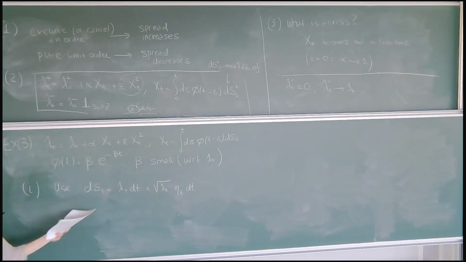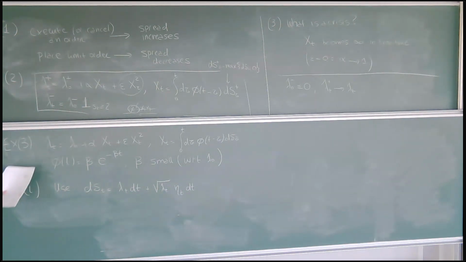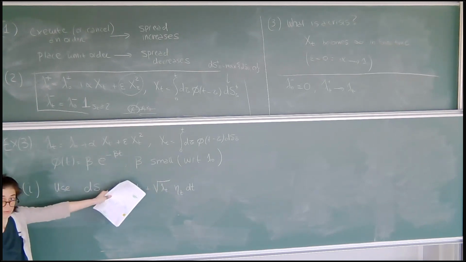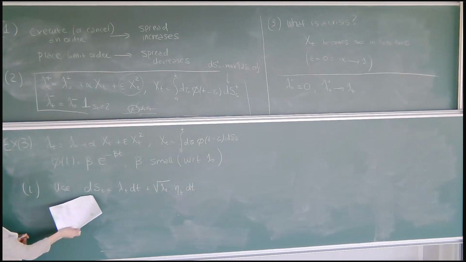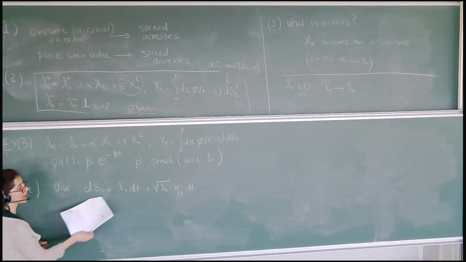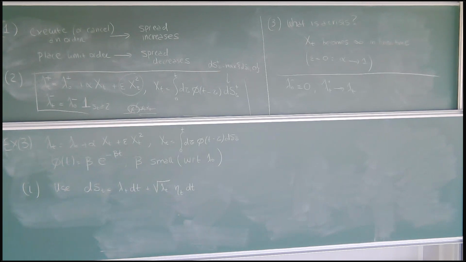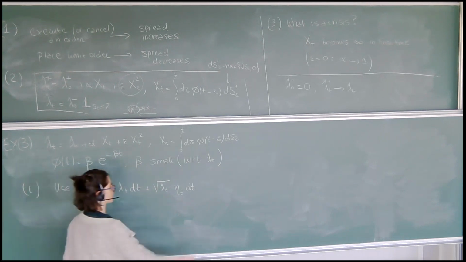What this means is that if you imagine that λ is constant, then you will have a Poisson process. And for the Poisson process, you know that the average of your process is λ, and the variance of your process is λ again. These are precisely properties of a Poisson process.